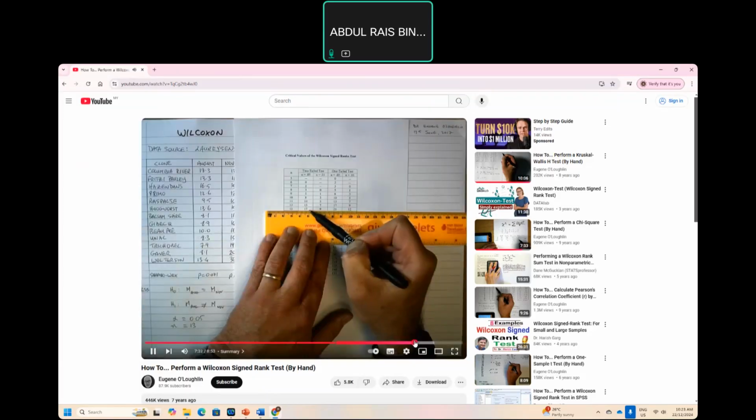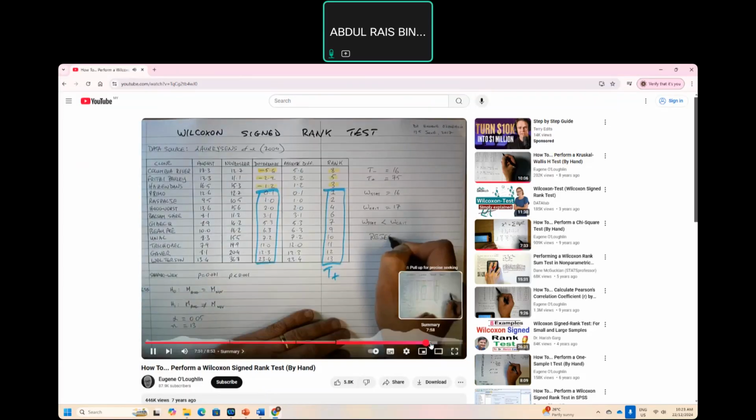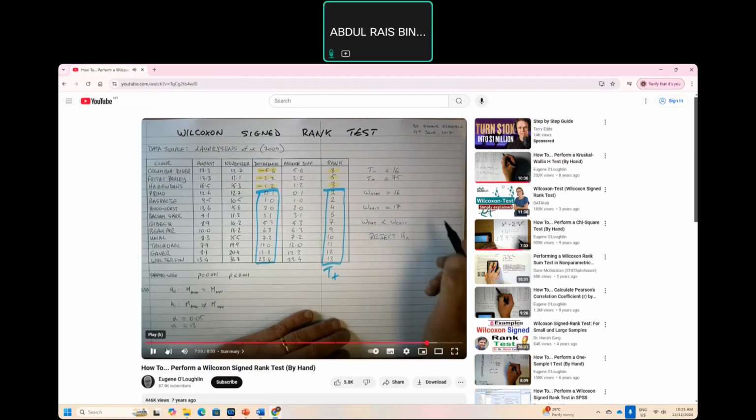Okay, kita tengok nilai N, N yang berapa test yang ada kat sini ialah 13. So 13 kat sini, the critical value is 17. And you can also see that we are doing a two-tailed test here, no direction, at a critical value of 17. We reject H0. Wilcoxon's signed rank sama juga macam Mann-Whitney U. If our calculated value is lower than our critical value, means there is a significant difference.